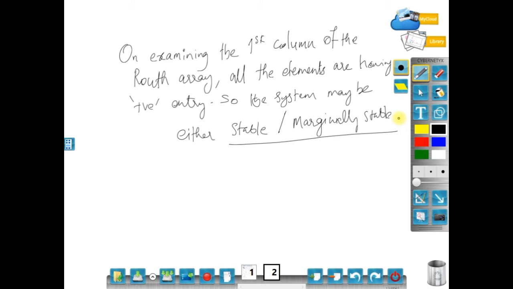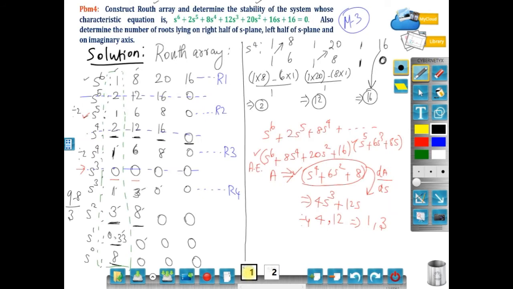Why I am not sticking to stable: we have not completed the Routh array by the default value. At the row S power 3 itself we got stuck with a zero entry row. The full row is having 0 values, right? We used one trick, an auxiliary equation based trick, so that we completed the Routh array.